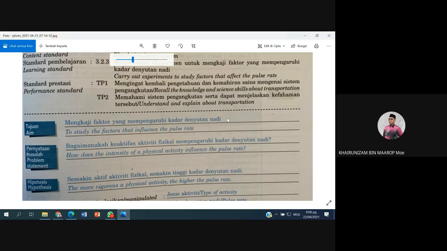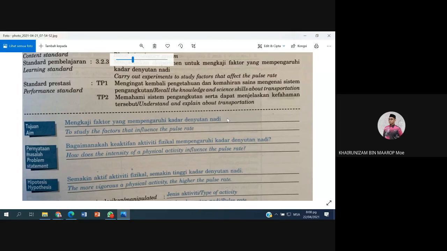Another factor is age. Children or younger persons are more active and fit, and they have a higher pulse rate compared to adults or elderly persons.